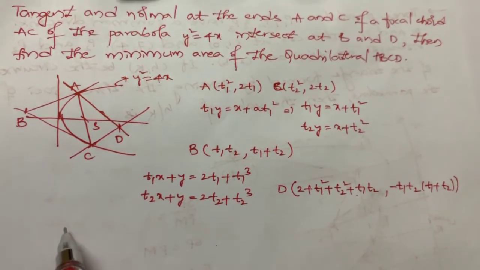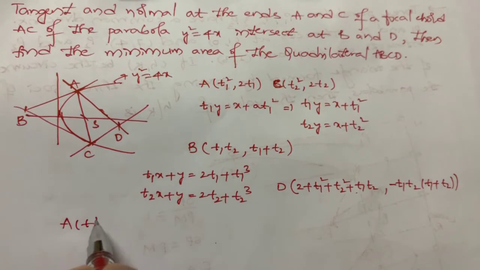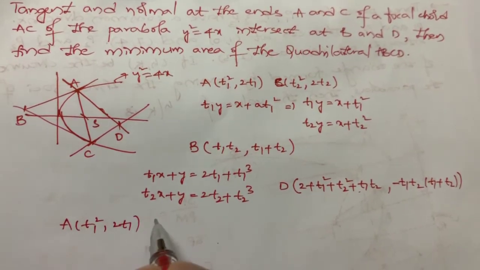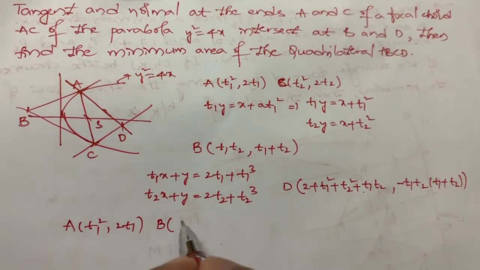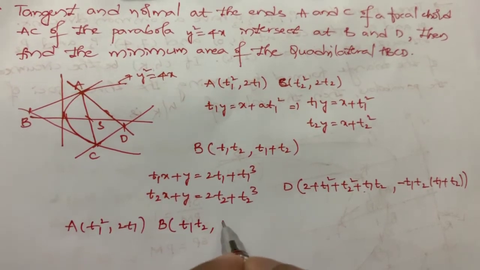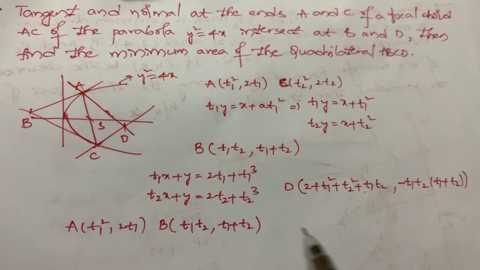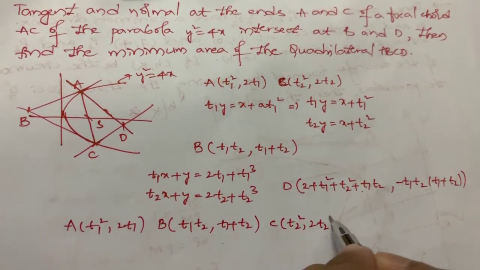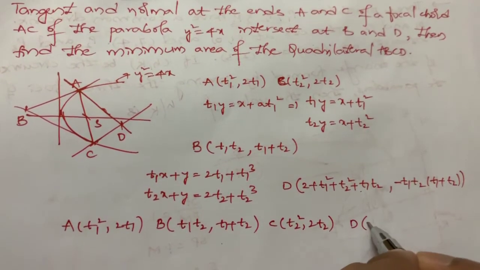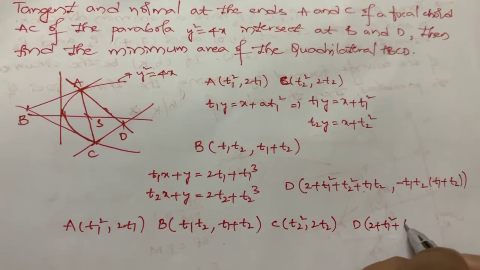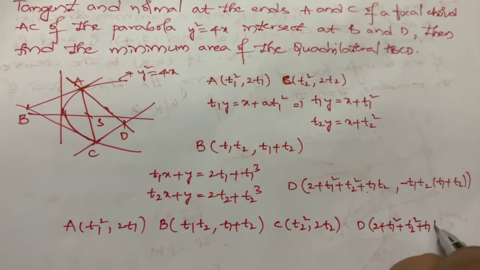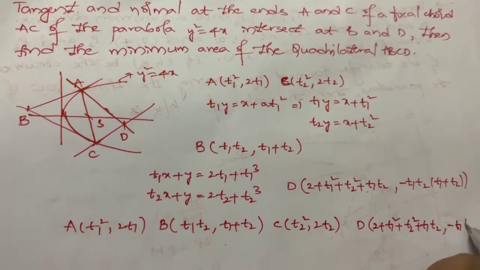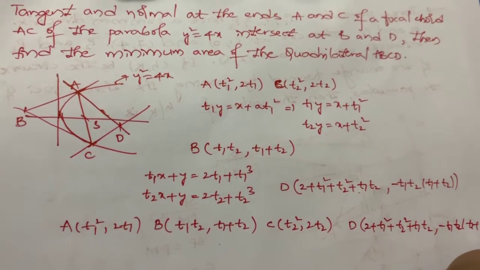So now we have A as (t1 squared, 2t1), B is (t1 t2, t1 + t2), C is (t2 squared, 2t2), D is (2 + t1 squared + t2 squared + t1 t2, -t1 t2 (t1 + t2)).